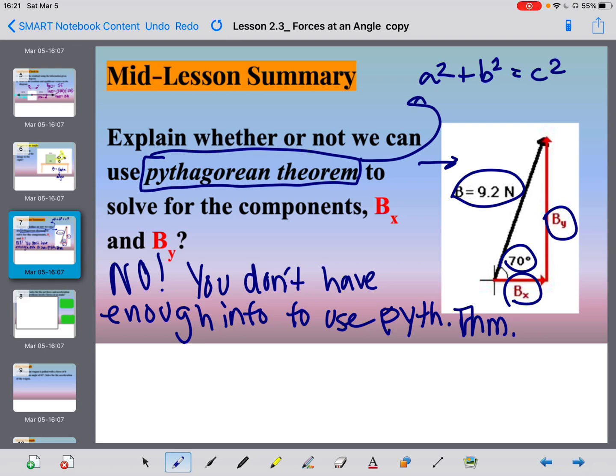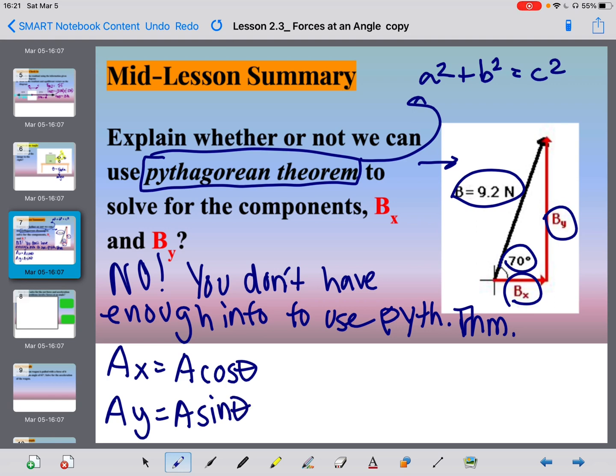If you used Ax equals A cosine theta, or Ay equals A sine theta, to find either Bx or By, then you can plug it into the Pythagorean theorem and solve for the missing piece.